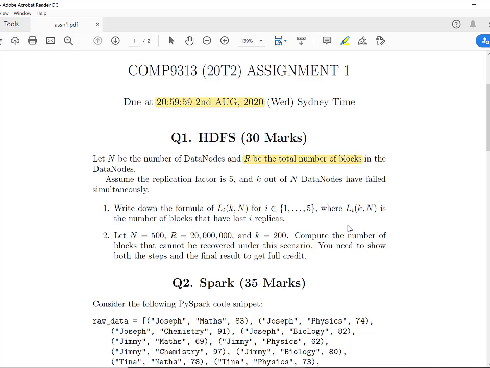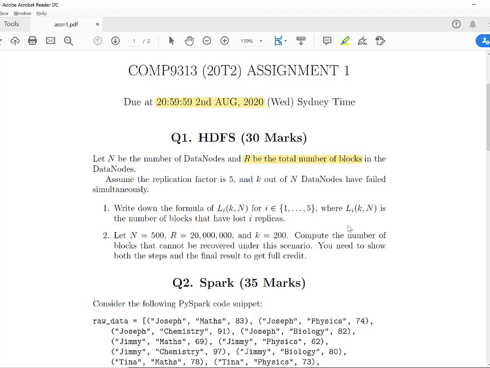For the first interpretation, the total number of block replicates would be R times 5, where 5 is the replication factor. We will take both interpretations as correct in this question, because although they lead to different answers, it will not affect your understanding of this problem or of this topic.